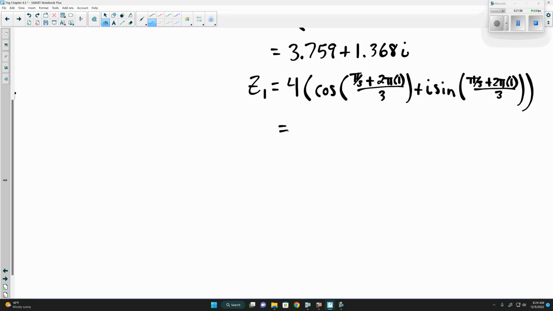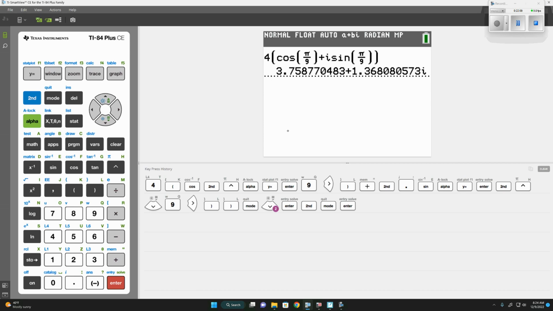Now, most likely, if one of them gave us a decimal number, all of them are going to give us a not nice decimal number. Why not make this easier on ourselves? Because we can come back in here. I'm going to go to the first one here. Alpha y equals enter.